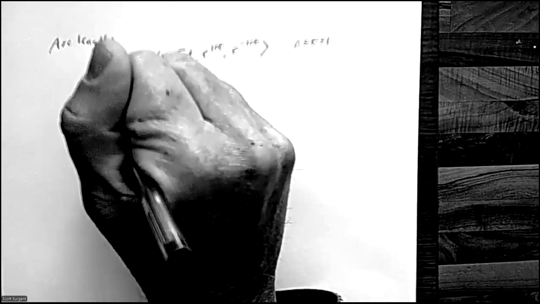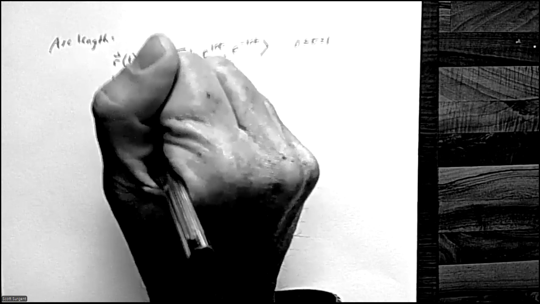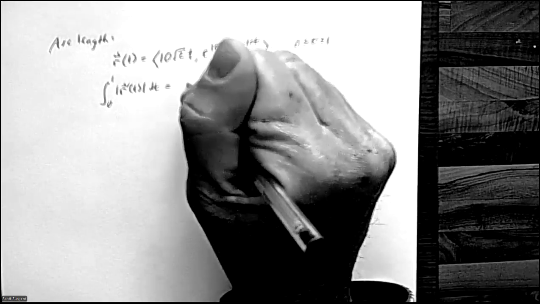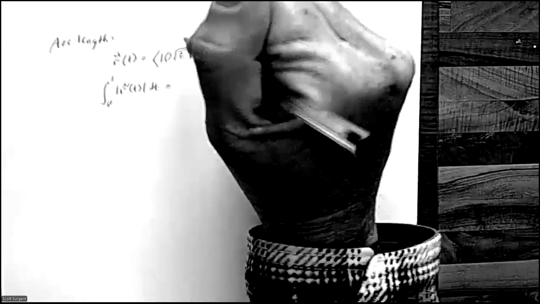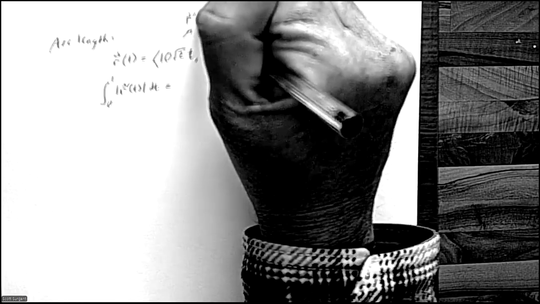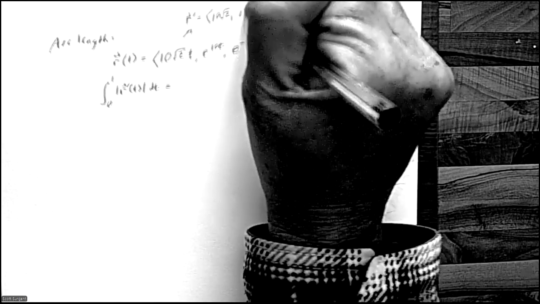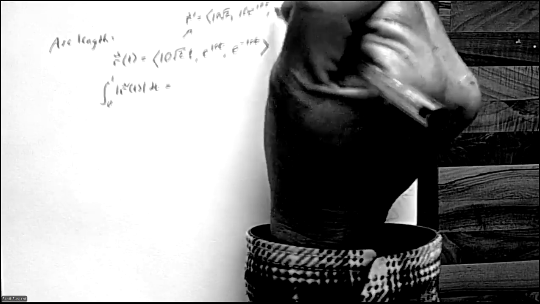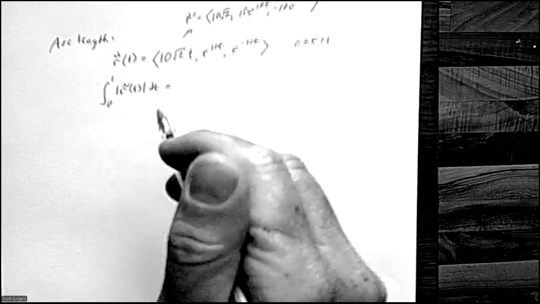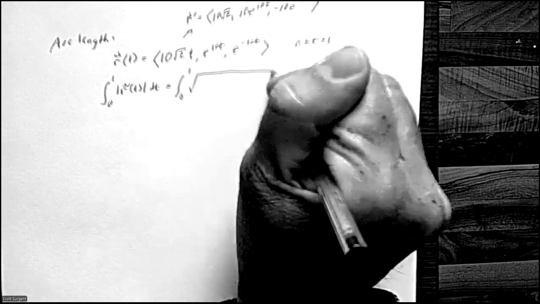The arc length is given by the integral of the magnitude of r prime, which is just purely formulaic. R prime is 10 rad 2, 10 e to the 10t, negative 10 e to the negative 10t. And when you take the magnitude of all that, you get this monstrosity.